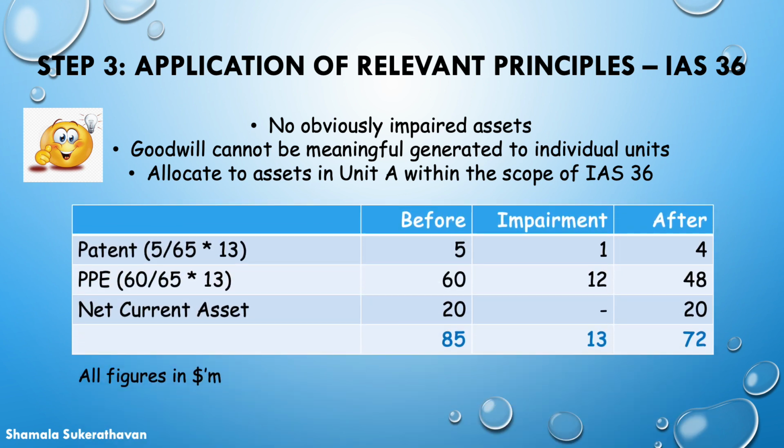No impairment loss is allocated to the net current assets, as these are outside the scope of IAS 36. For example, inventories are subject to impairment via the measurement principles of IAS 2, whilst receivables are subject to impairment under IFRS 9.